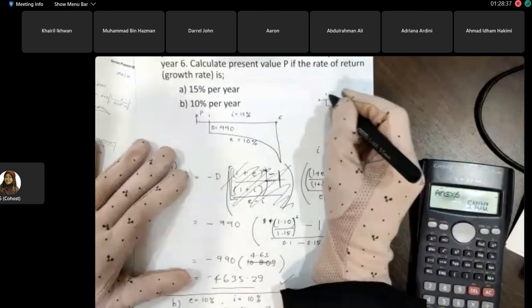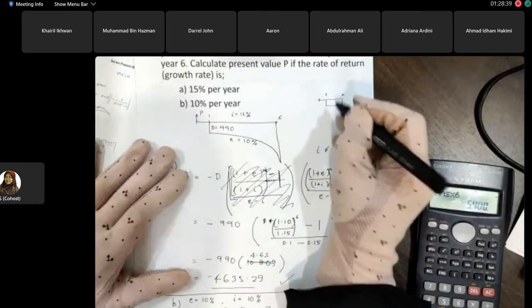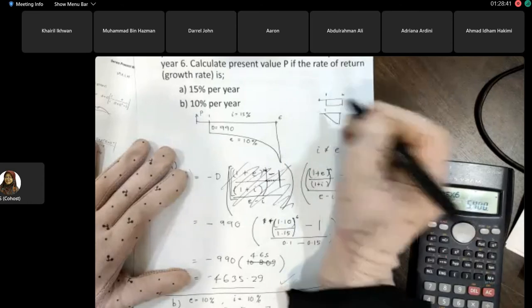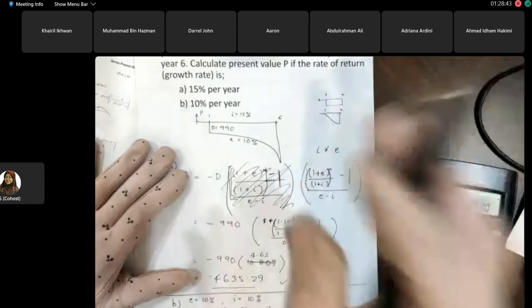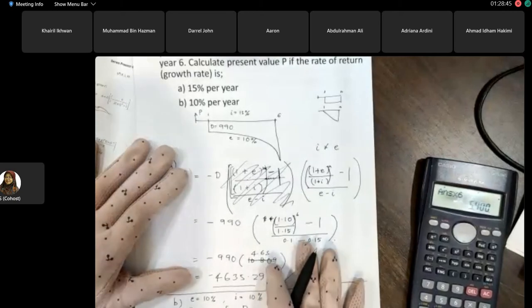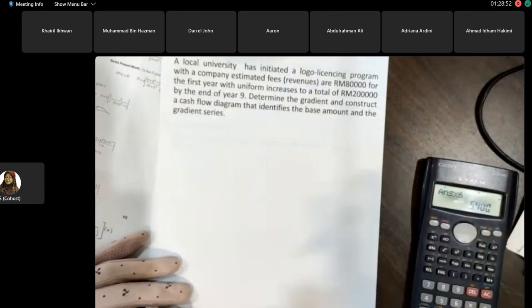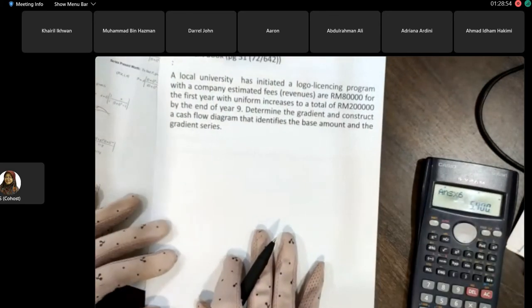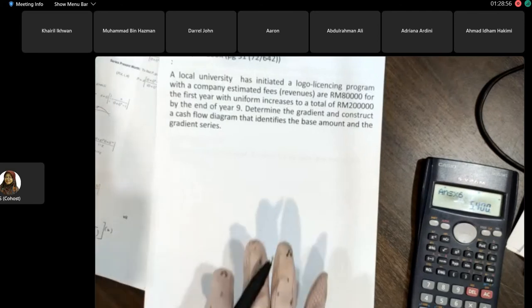Otherwise you will get the wrong answer. Ni 1 kan, kalau yang triangle must be this one kan, baru you can get the answer. Okay. Okay, look at this question.